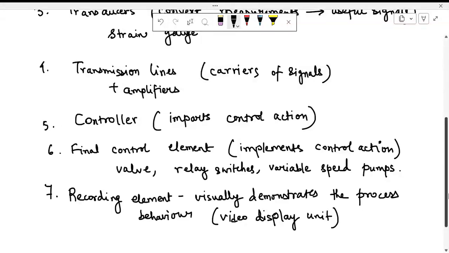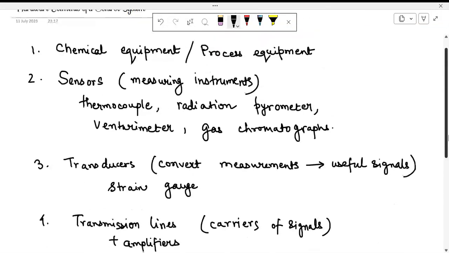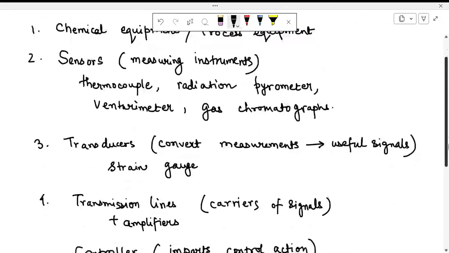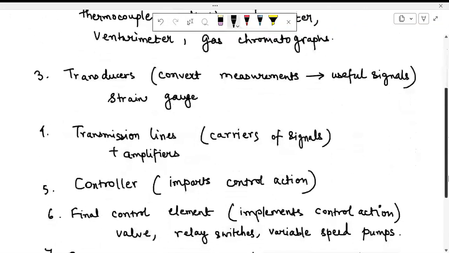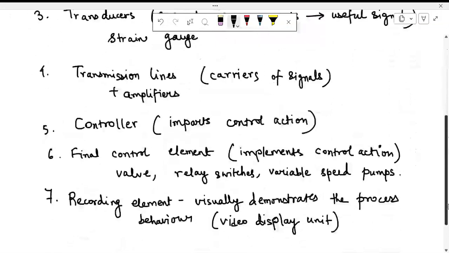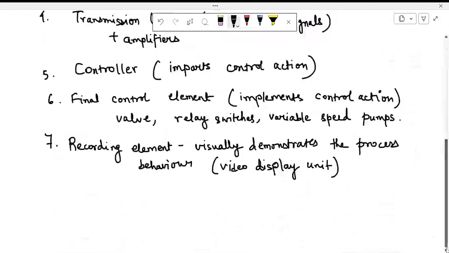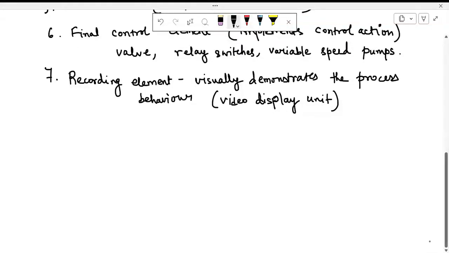So everything together, all the seven elements, that is the process equipment, sensor, transducer, transmission lines, controller, and final control element, along with the recording element, comprises the entire hardware associated with the process control system.